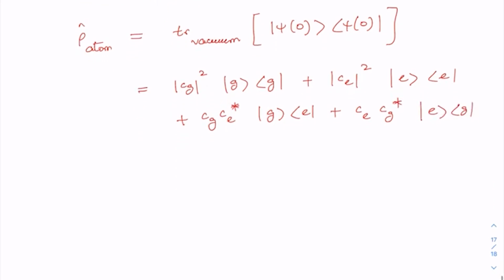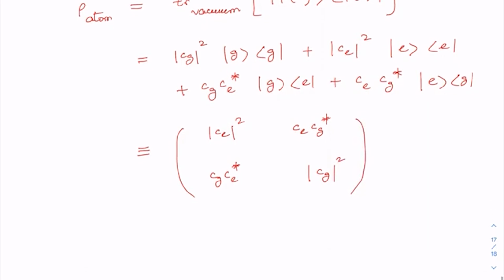In fact, this can be represented in matrix form like this: Ce mod square, Ce Cg star, and Cg Ce star and Cg mod square.